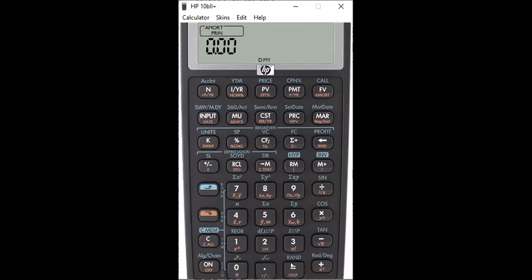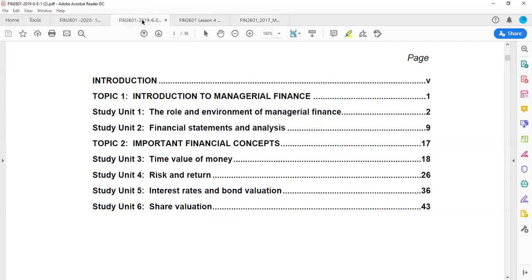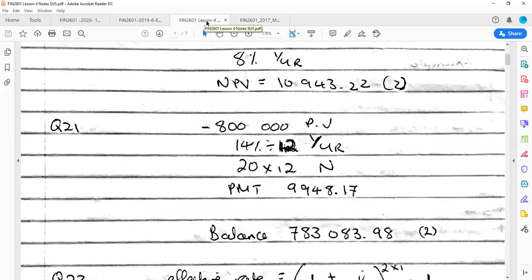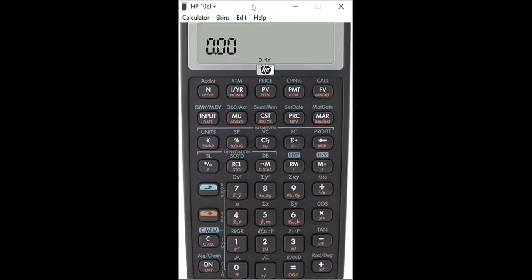And then we can press equal to. I actually have to start the calculation again from the beginning, just to put the calculator in the right mode. I'll put up the question again so that I can enter in the numbers. Let's re-enter: 800,000. That's our PV.